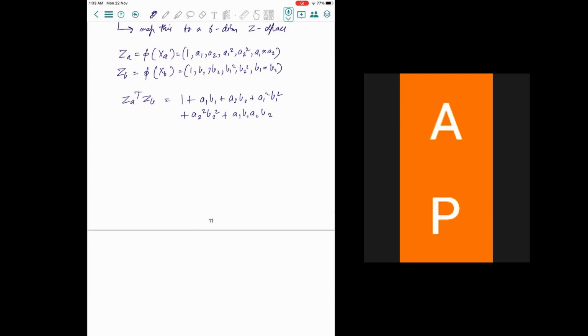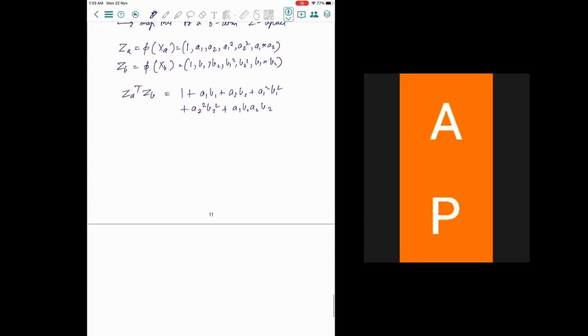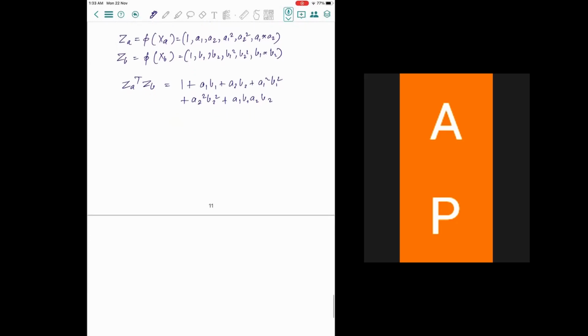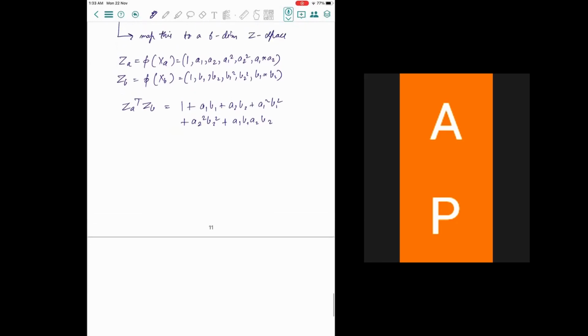Now another method to solve this is using a polynomial kernel, where za transpose zb equals K(xa, xb), which from the above formula is given by (1 plus xa transpose xb) squared.